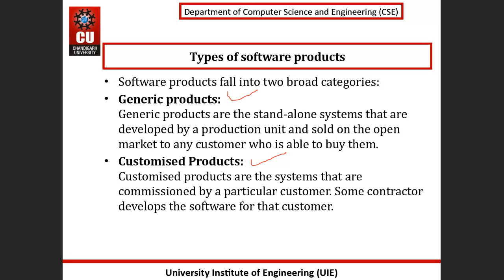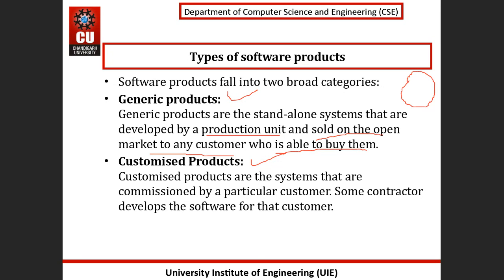What are generic products? Generic products are the standalone systems that are developed by a production unit and sold on the open market to any customer who is able to buy them. Fine. For example, suppose you are developing a software product, like an app.